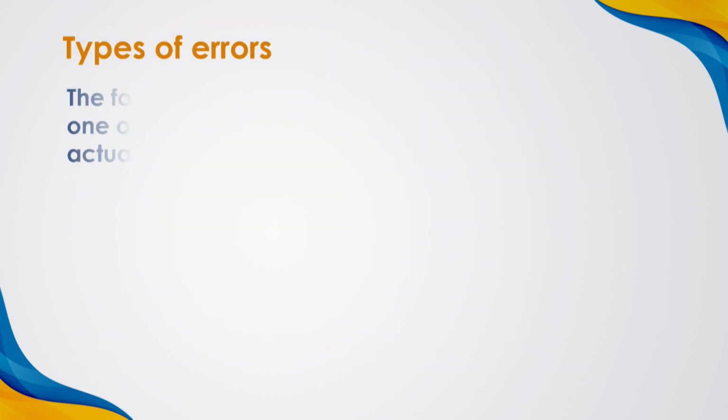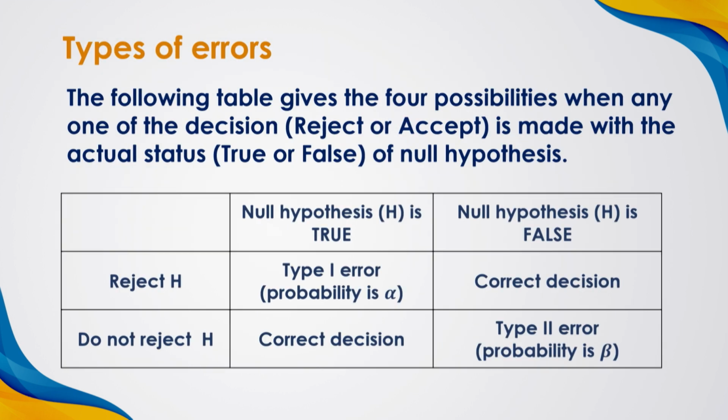Types of errors. We already told that we may make a mistake in taking a decision for accepting or rejecting. The following table gives the 4 possibilities when either decision, reject or accept, is made, with the actual status, true or false, of the null hypothesis.